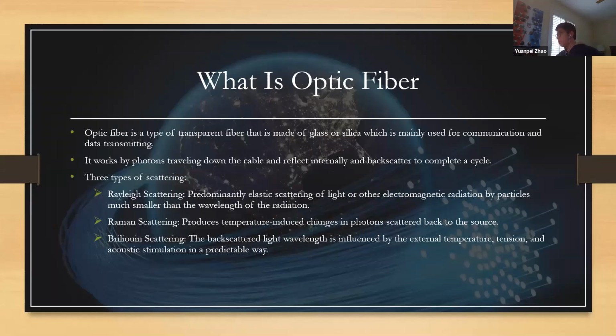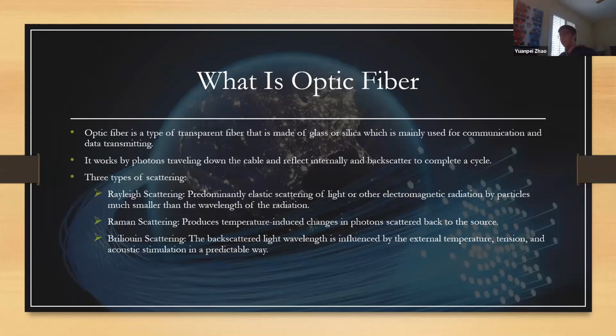All right, so I prepared for what is optic fiber, but thanks to my dad, he described it pretty thoroughly, and I'm just going to go over it quickly, just for review. Optic fiber is a type of transparent fiber made of glass or silica, which is mainly used for communication and data transmitting, for example, your television.